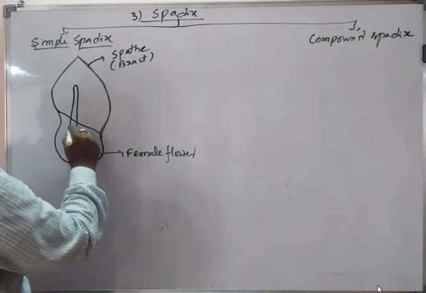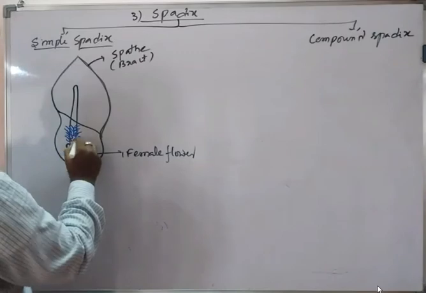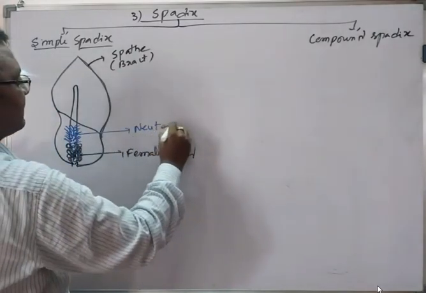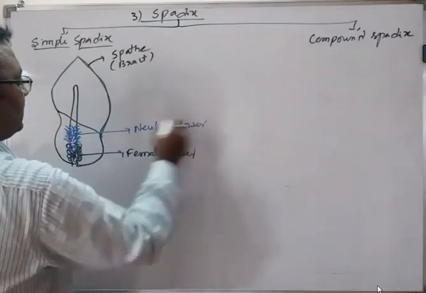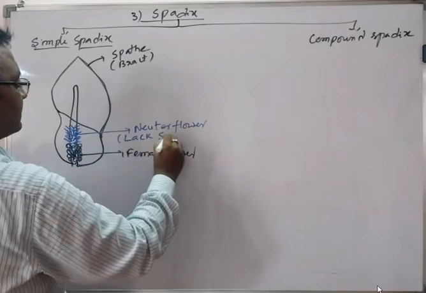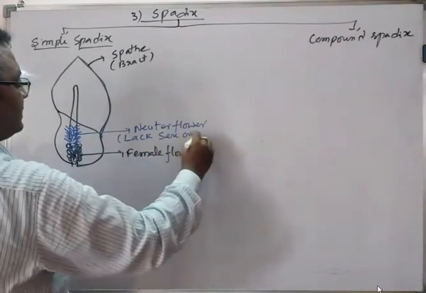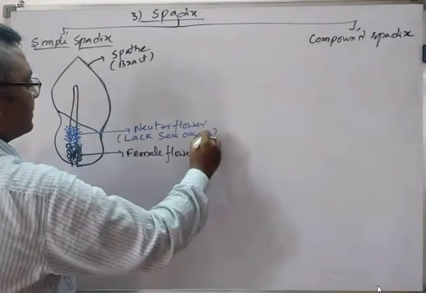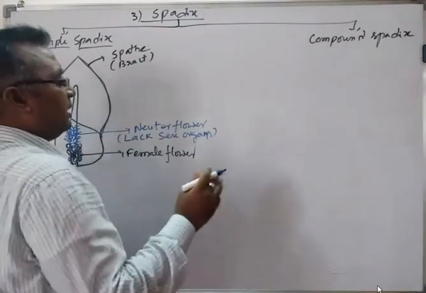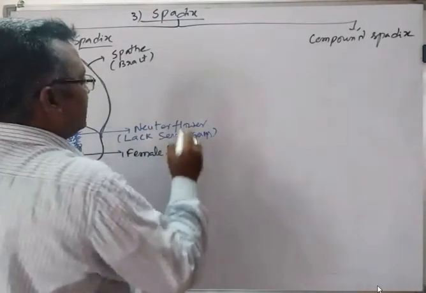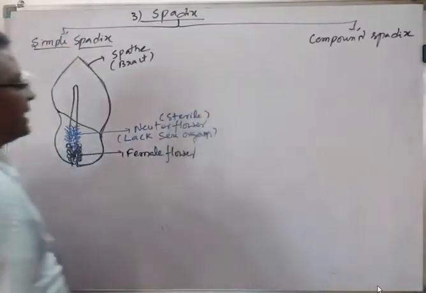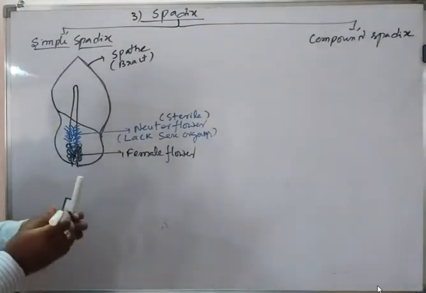Very, very, very important. Neuter flower means they lack sex organs. Absence of sex organs means there are no stamens and carpels. So they are sterile, because they lack sex organs.